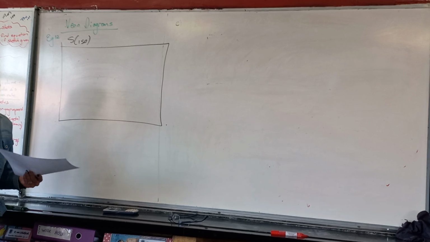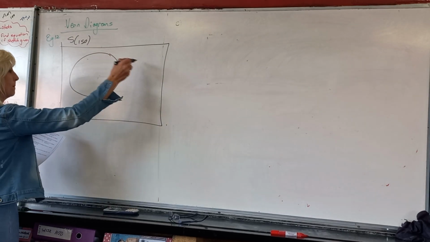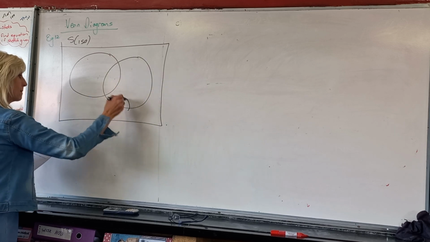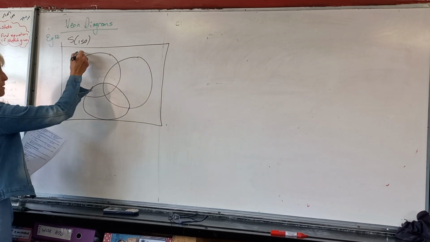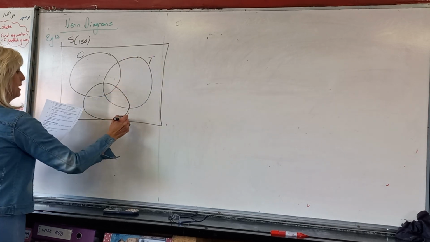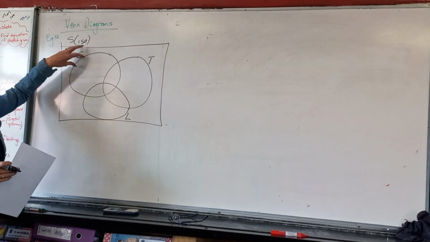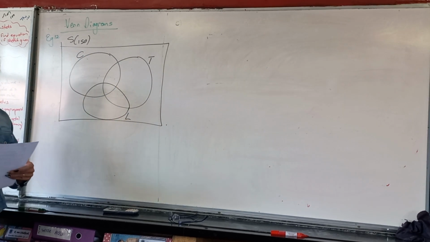Please read the whole thing. They never said anything here. So the logical thing would be to say they have cell phones, they have tablets, and they have laptops, and there is no correct one. The L could have been here, the C could have been there, whichever way.